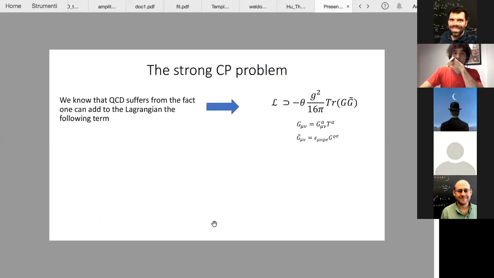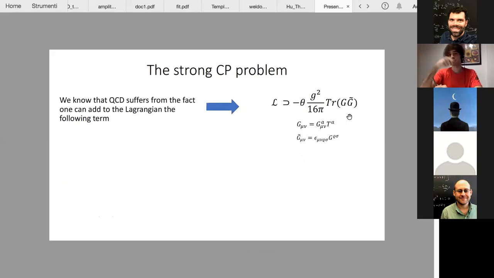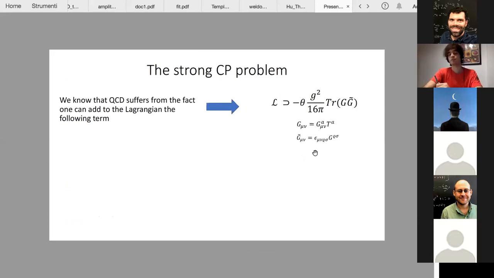Okay, so let's start with the strong CP problem. We know that the QCD Lagrangian of the Standard Model suffers from the strong CP problem. That is to say, in the Lagrangian you can put a term like this, where G is the field strength of SU(3) and G dual is the usual definition with the Levi-Civita tensor. Classically, you can realize that this is a total derivative.